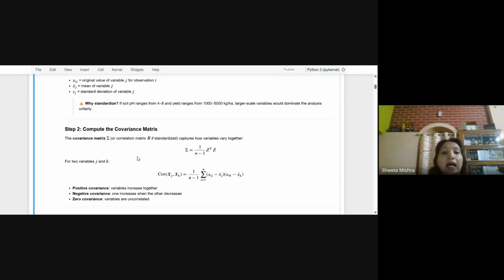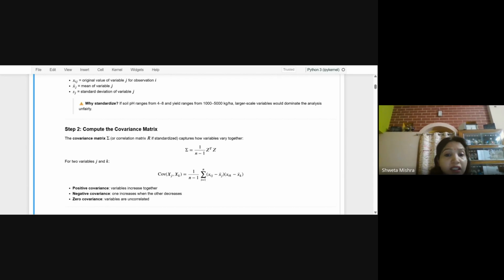So here the idea is: does nitrogen increase the soil pH balance, or if we put some phosphorus into the field, will it affect the soil? Will it impact the growth or the breed, something like that?